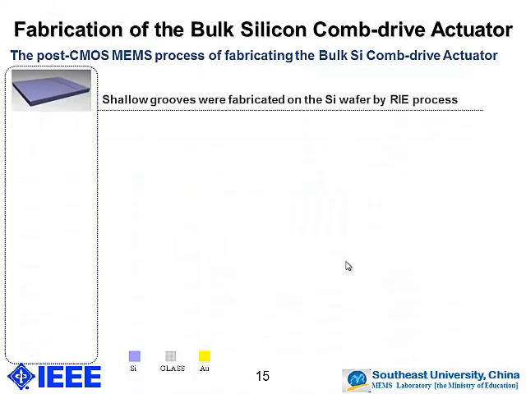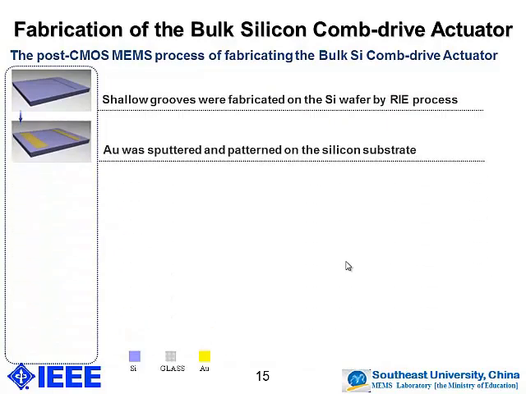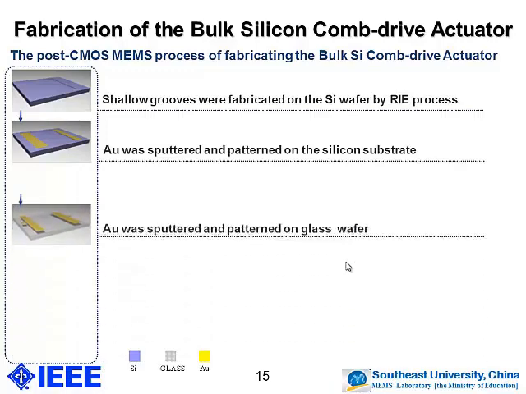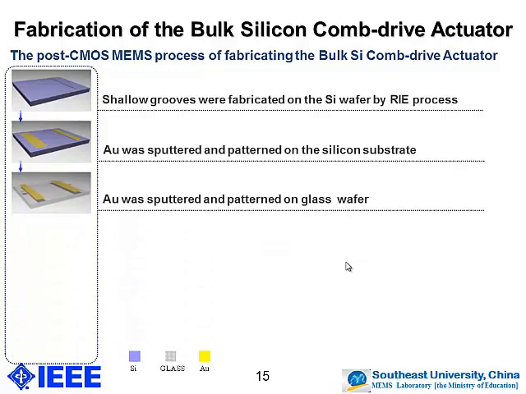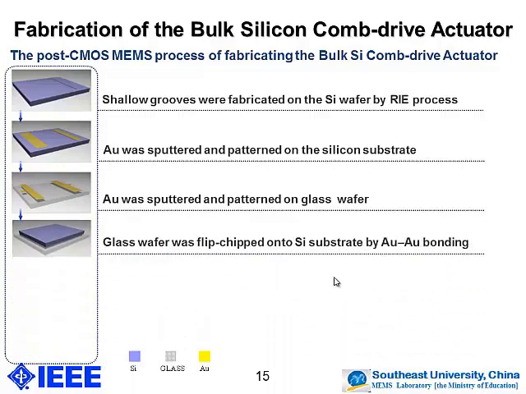Now we talk about the fabrication of the composite actuator. First, the shell girth was fabricated on the silicon wafer by RIE process, and then the girth was patterned on the silicon substrate. The girth was patterned on the glass wafer, and then the glass wafer and silicon were bonded by low temperature gold bonding.